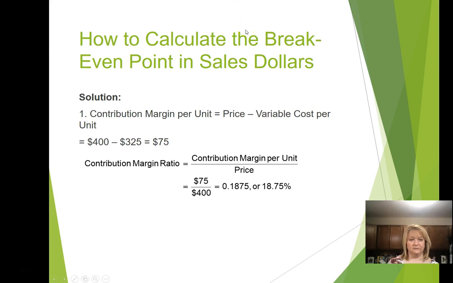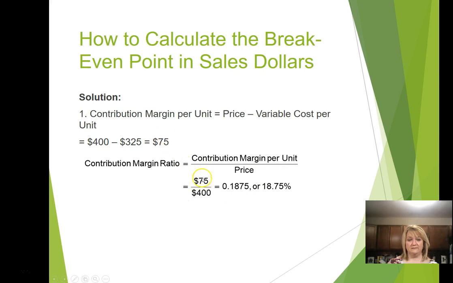Here's the solution. Contribution margin per unit equals price minus variable cost per unit. $400, I gave us that information before, minus $325 equals $75. Contribution margin ratio equals contribution margin per unit divided by price.